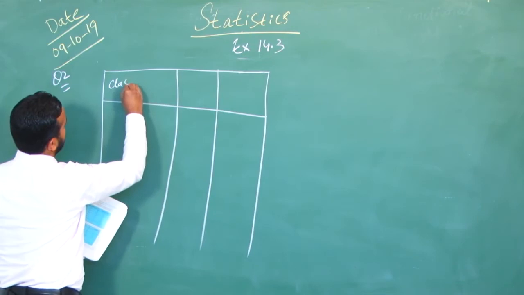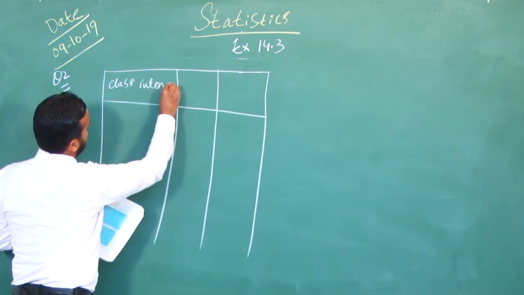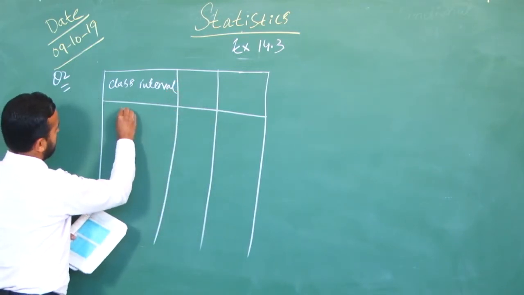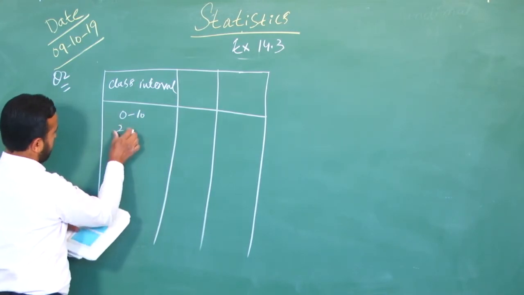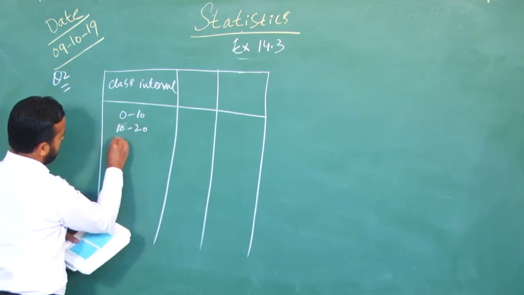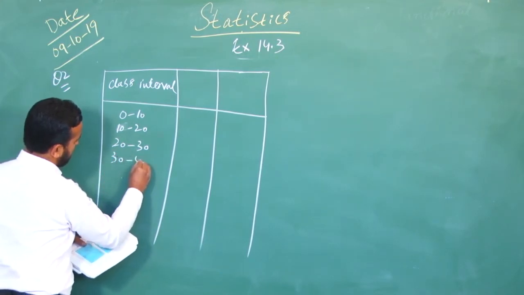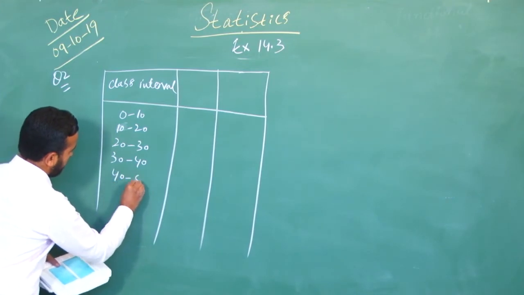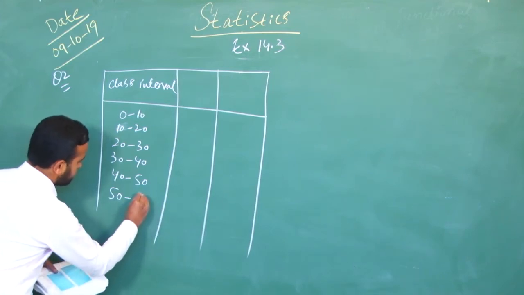First we will write the class interval: it is 0 to 10, then 10 to 20, 20 to 30, 30 to 40, 40 to 50, and 50 to 60.